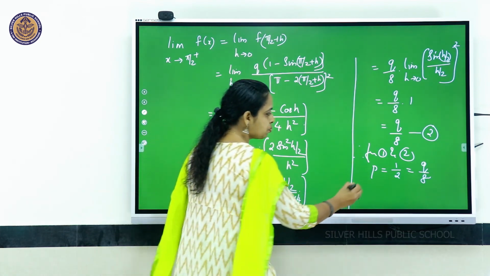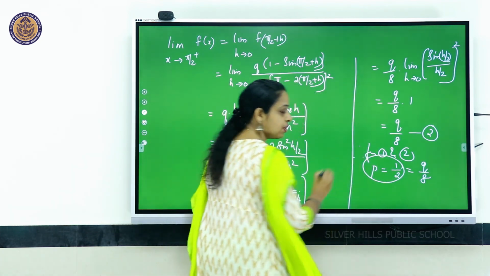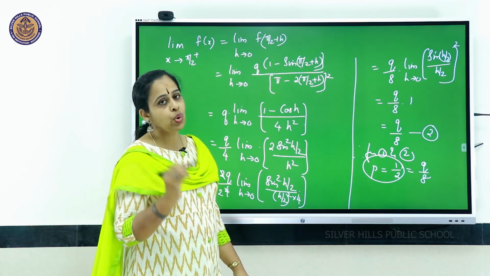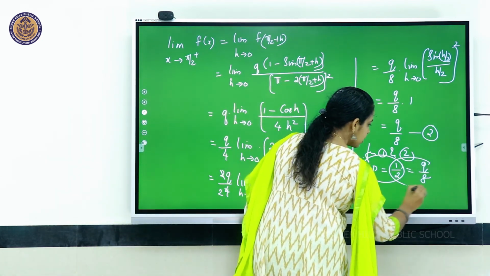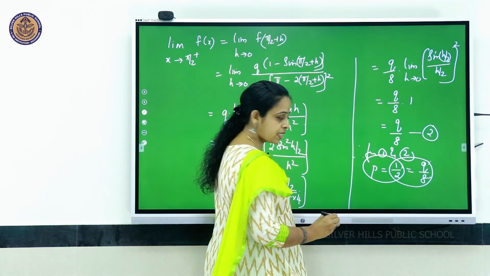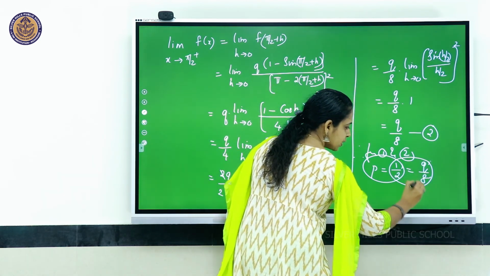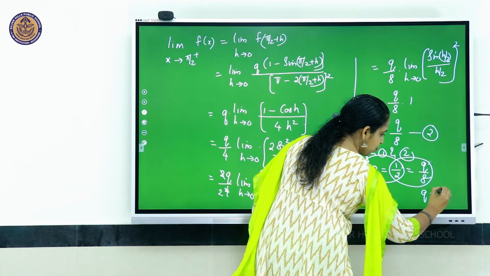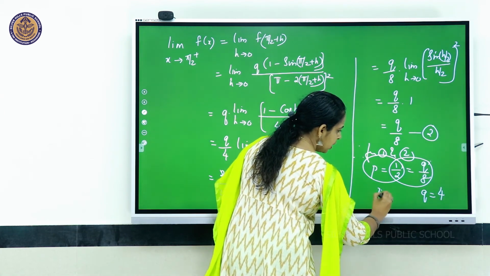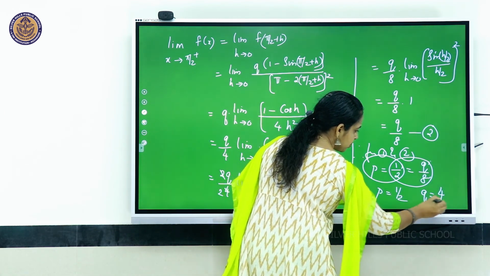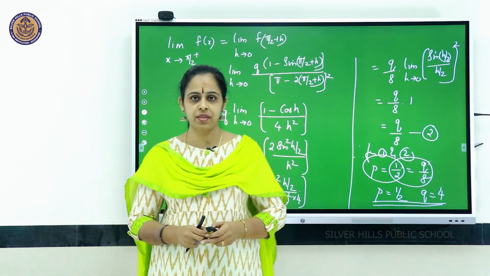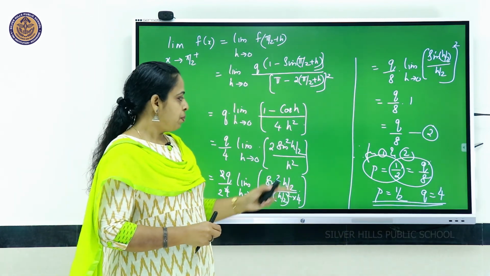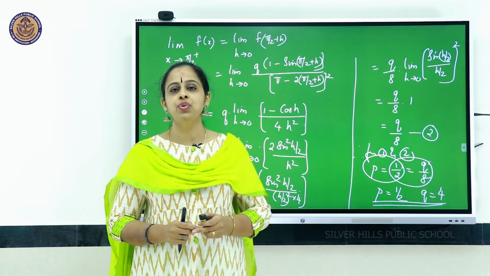When we take this part, you will get directly the value of p as 1 by 2. Take the other part, you will get the value q equal to 4 and p equal to 1 by 2. That is the conclusion. P took the value 1 by 2 and q took the value 4.